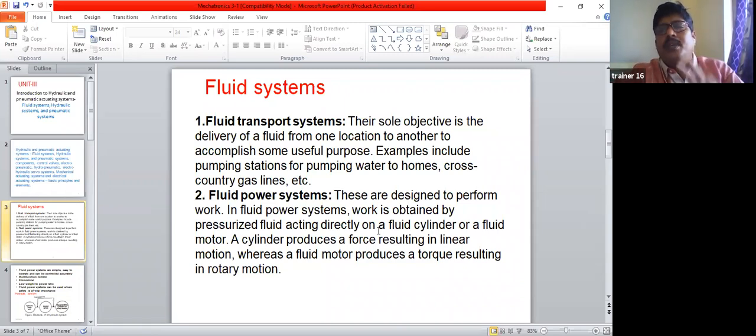And lever, bell crank lever arrangement, and rack and pinion arrangement. In theory of machines, the kinematics of machines, you studied a lot of mechanisms.